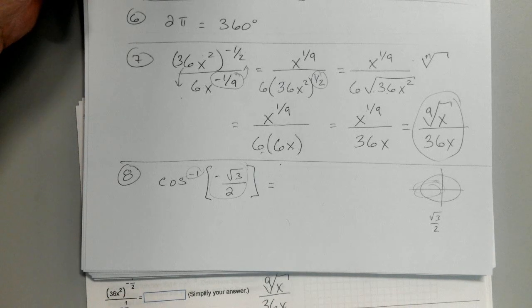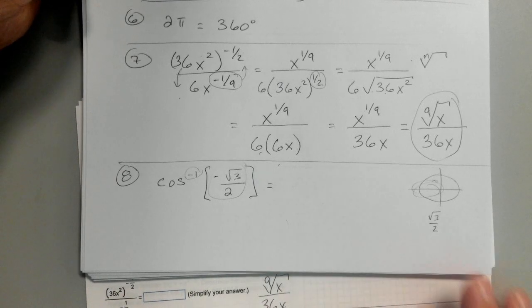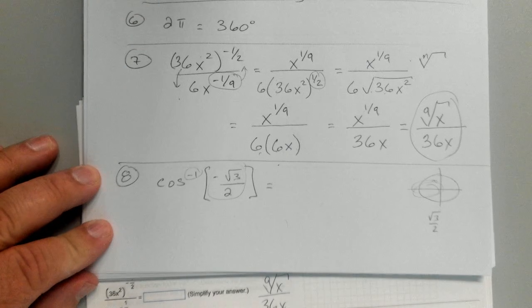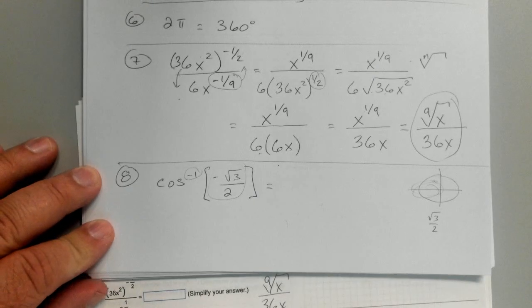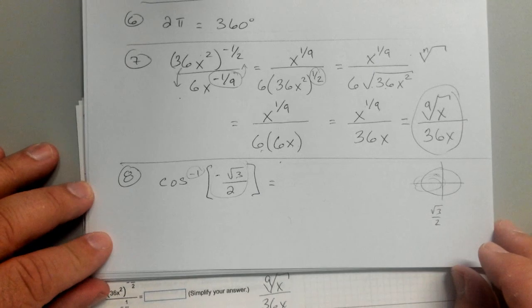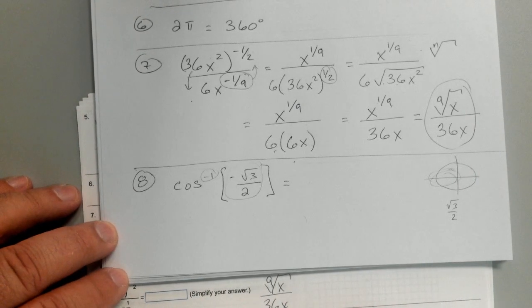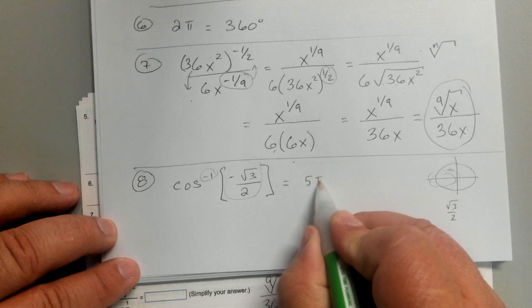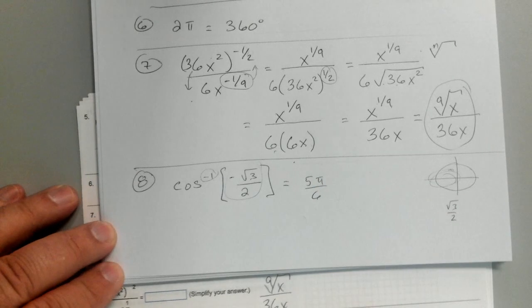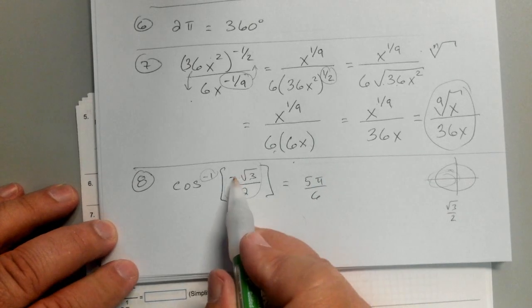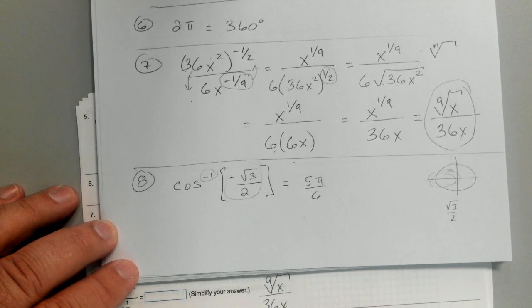Second quadrant? Not quite. I'm looking for an angle, not a quadrant. Pi over 3, pi over 4, pi over 6. Because it is negative, it has to go in the second and third quadrants.